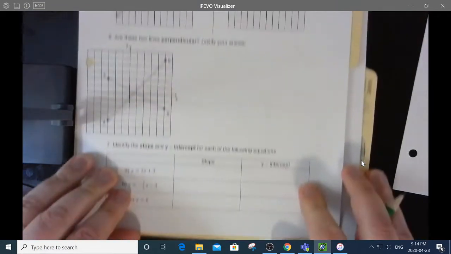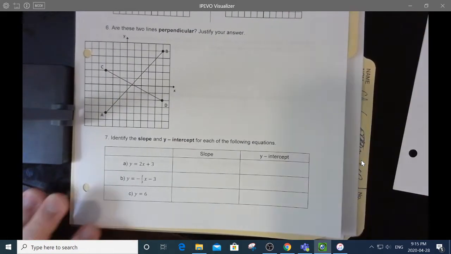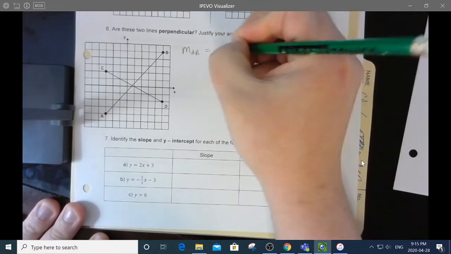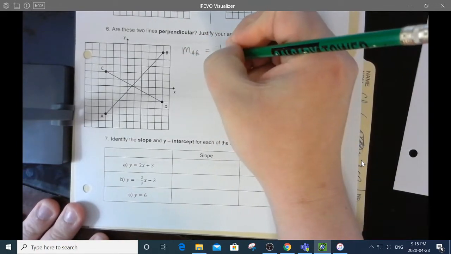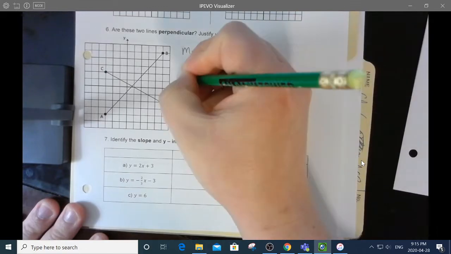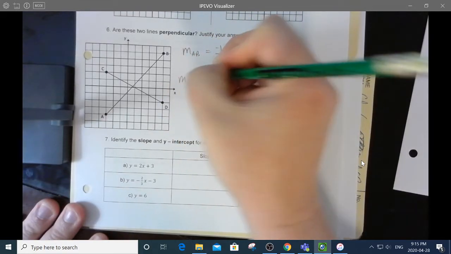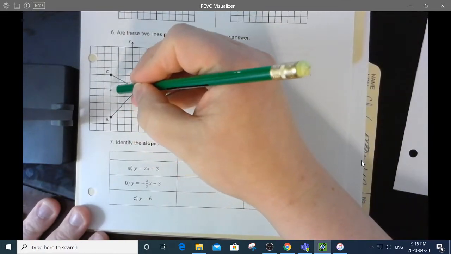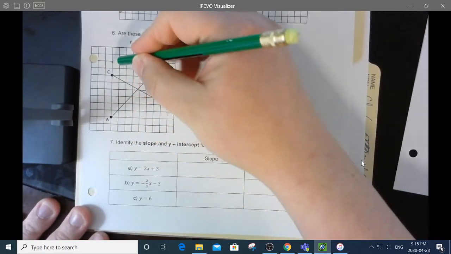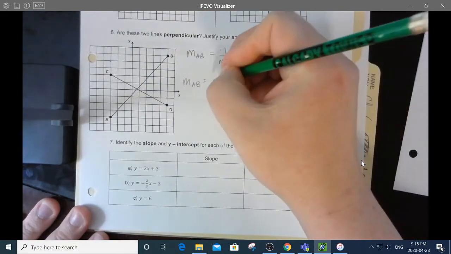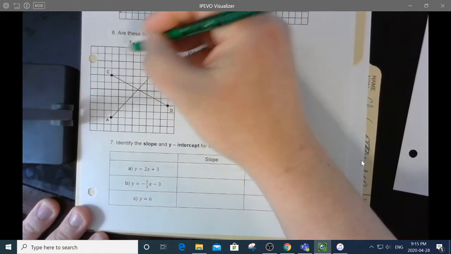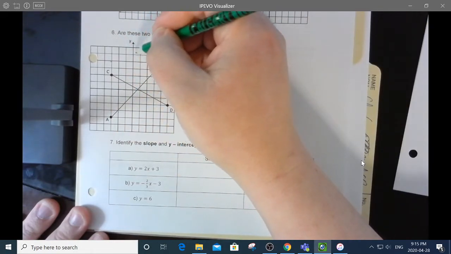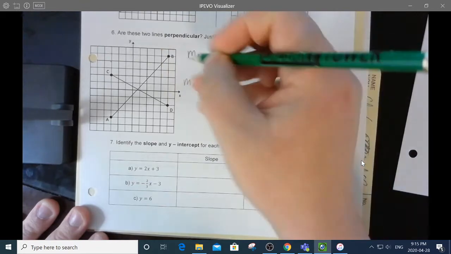Okay, number 6, are these two lines perpendicular? They would be perpendicular if the slope of AB was the negative reciprocal of the slope of CD. So let's find the slope of AB. So from A to B, I rise, I better count this properly, 1, 2, 3, 4, 5, 6, 7, 8, 9, and I run 1, 2, 3, 4, 5, 6, 7, 8.